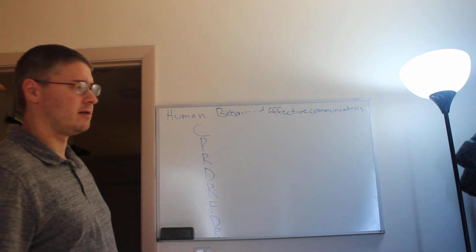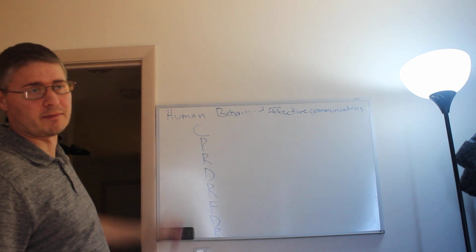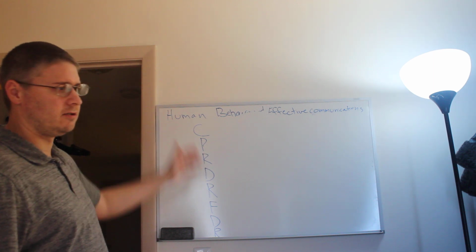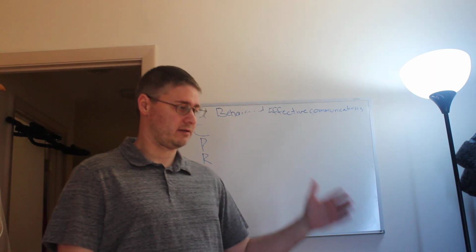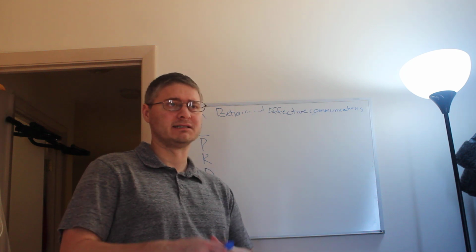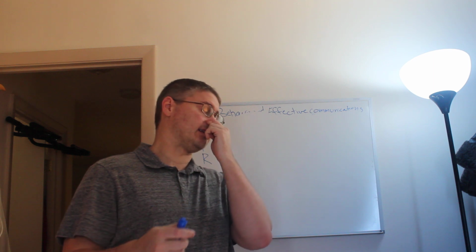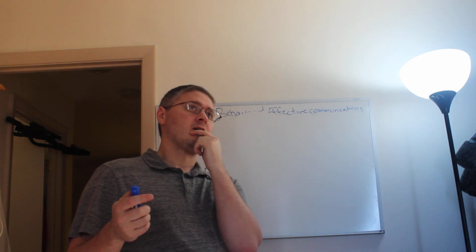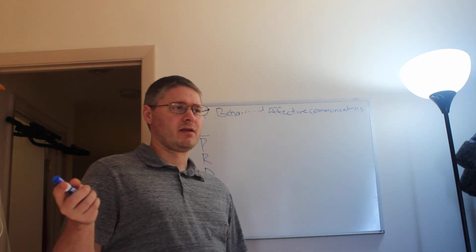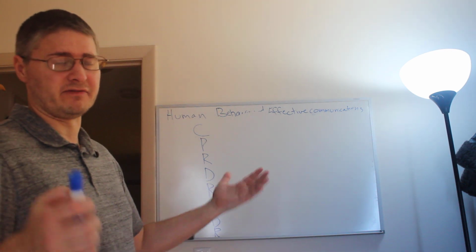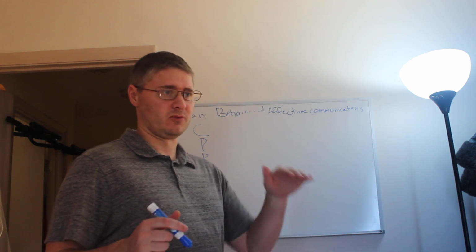Okay, so the C is compensation. So basically, the student disguises a weak quality with a more positive, stronger quality. So let's give an example. You were not able to maintain altitude within 100 feet when flying straight and level.